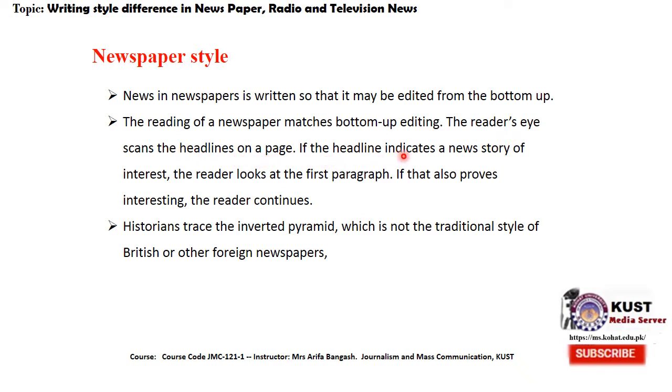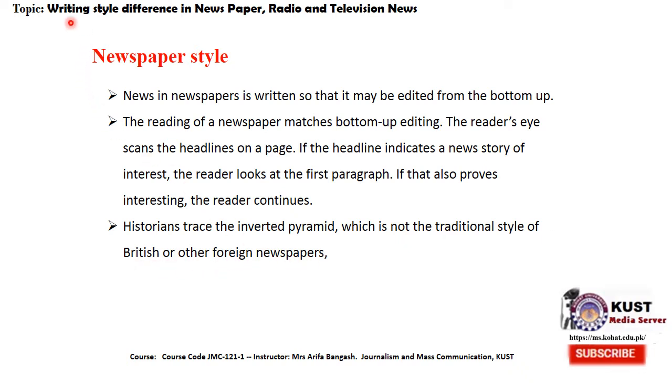If the headline indicates a news story of interest, the reader looks at the first paragraph. If that also proves interesting, the reader continues. The reader who stops short of the end of the story is basically doing what the editor does in throwing words away from the bottom. Historians trace the inverted pyramid, which is not the traditional style of British or other foreign newspapers.